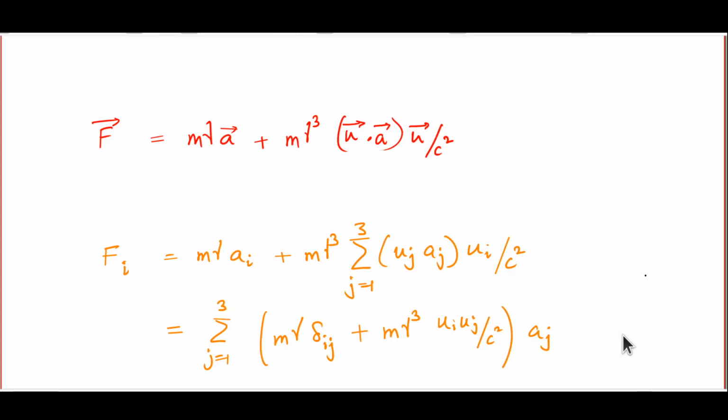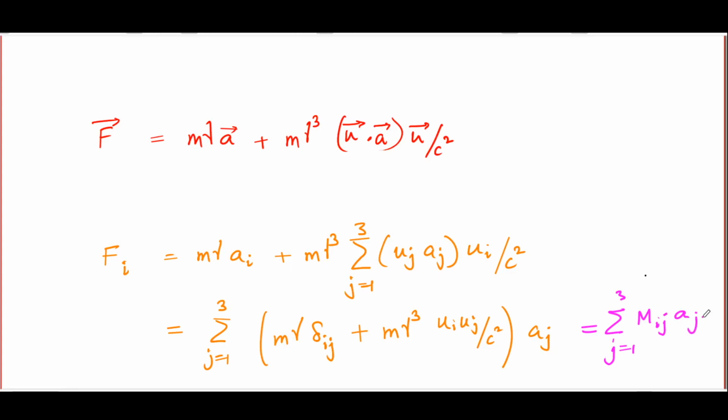by c squared. So what we see is that instead of getting F_i is m times a_i, you get something which looks at the face of it a lot more complicated. However, all this is really telling you is that F_i is actually of the form sum over j going from 1 to 3 of M_ij a_j.